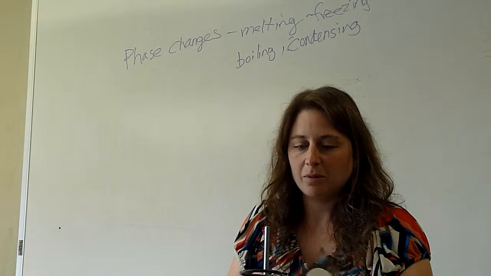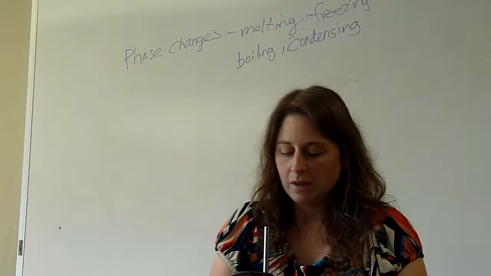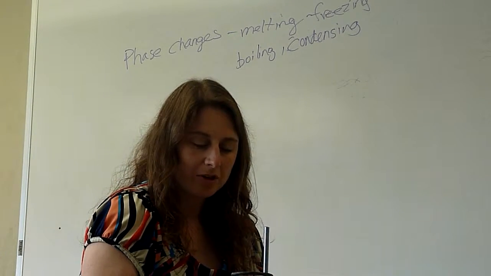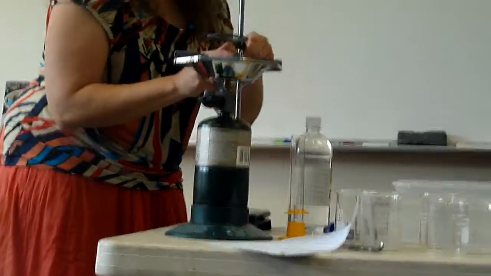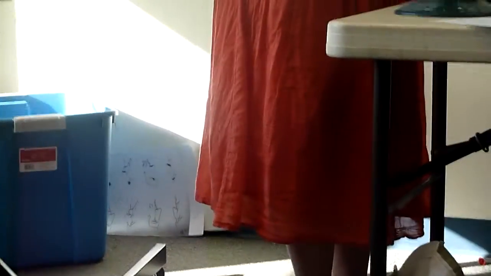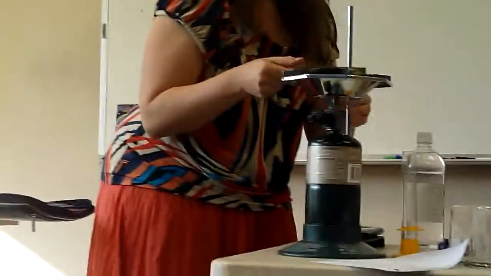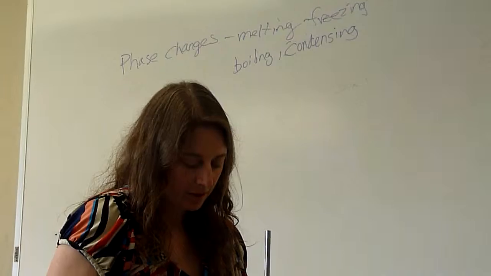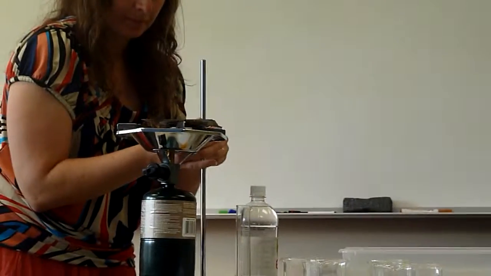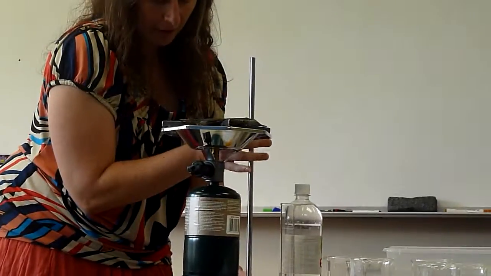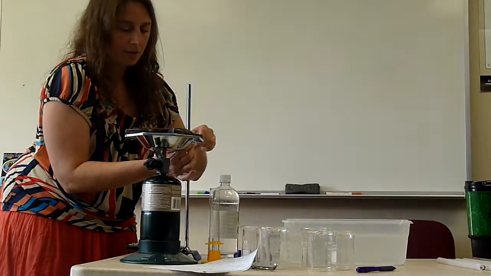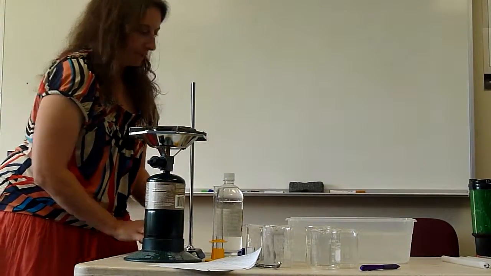But whatever the temperature at which it boils, it will not change temperature during the boiling process. So it will stay, we'll assume 100.0 degrees Celsius, the whole time that it's boiling, until every bit of the liquid water has become a gas. Key point for the lab.